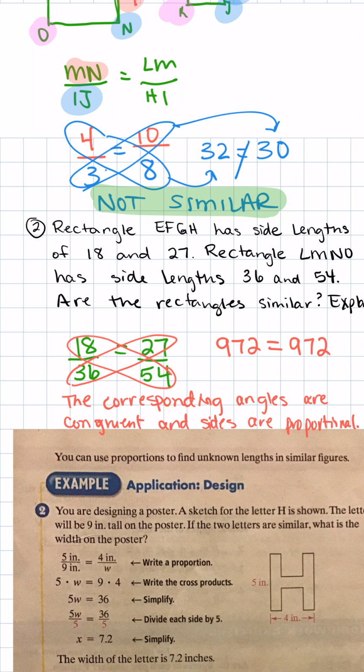I should have put yes. Are the rectangles similar? Yes. The corresponding angles are congruent, and the sides are proportional.